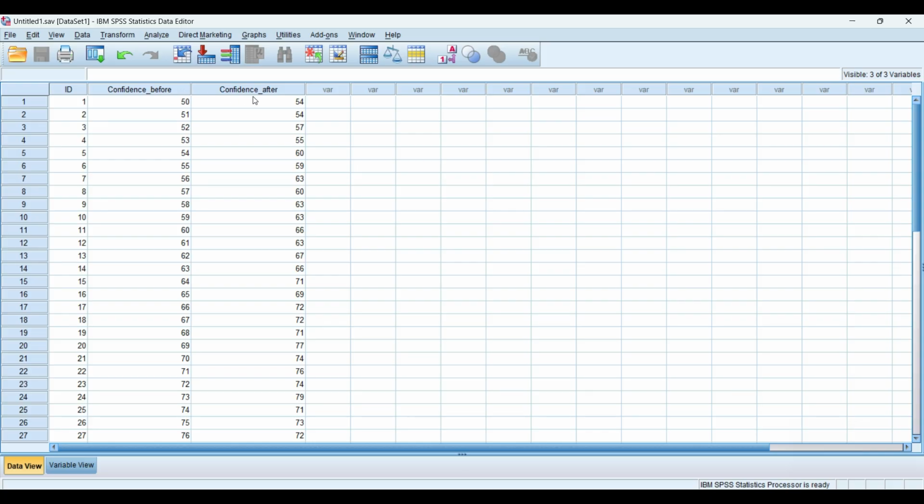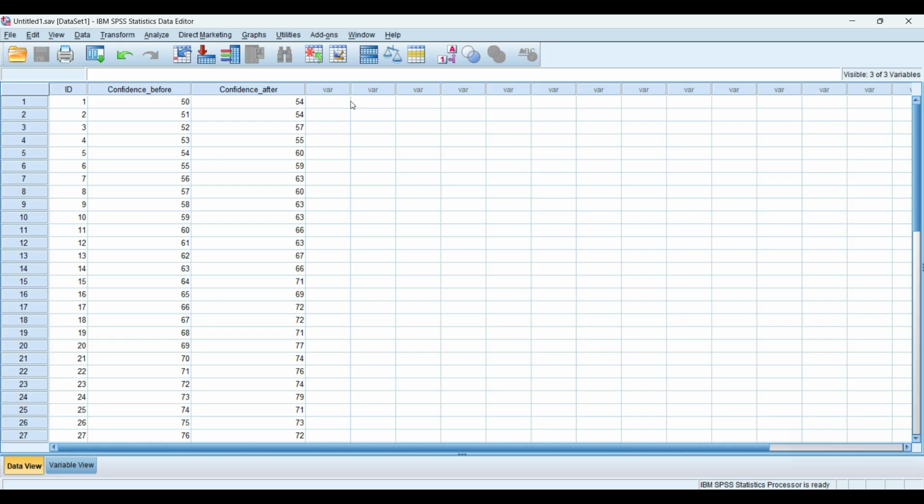The sign test asks whether positive and negative pair changes are equally likely, using direction only and excluding zero differences. After analyzing the data, we will see whether there is a positive or negative change after digital training, and whether their confidence after training is higher or lower than before.